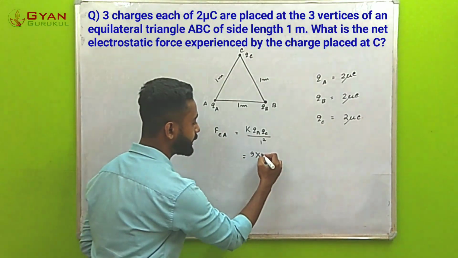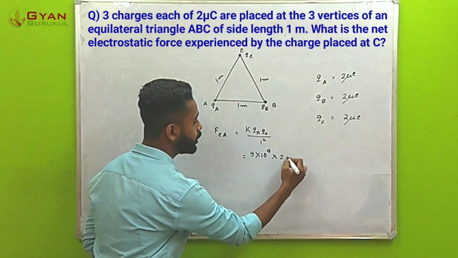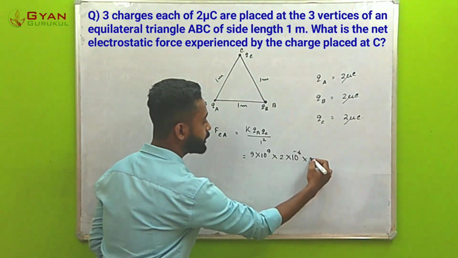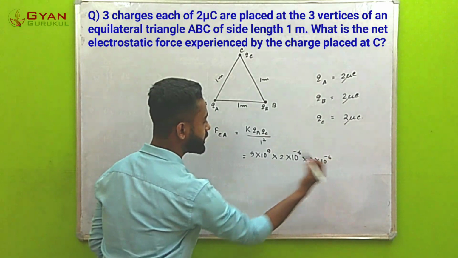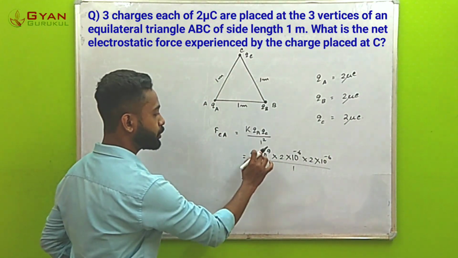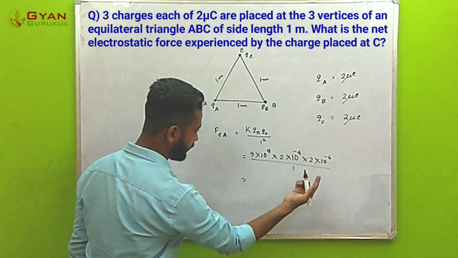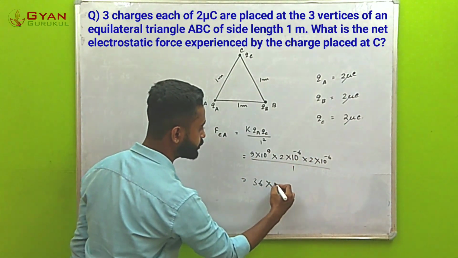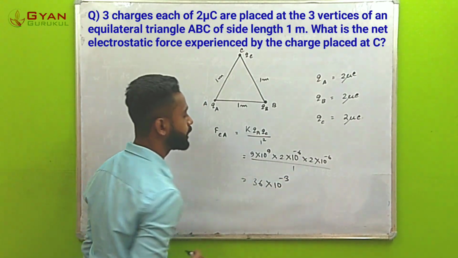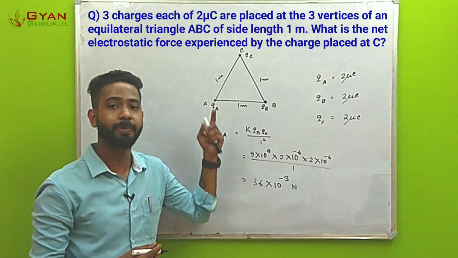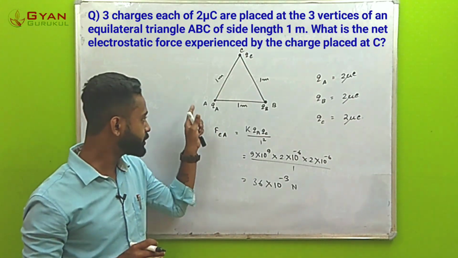So that would be 9 into 10 to the power 9 into 2 into 10 to the power minus 6 into 2 into 10 to the power minus 6, which are the same charges, divided by 1. So that would be 1 itself. So this would go as 4. So 4 into 9 would mean 36 into 10 to the power minus 3. Okay, so that's the force experienced by charge placed at C due to the charge placed at A.